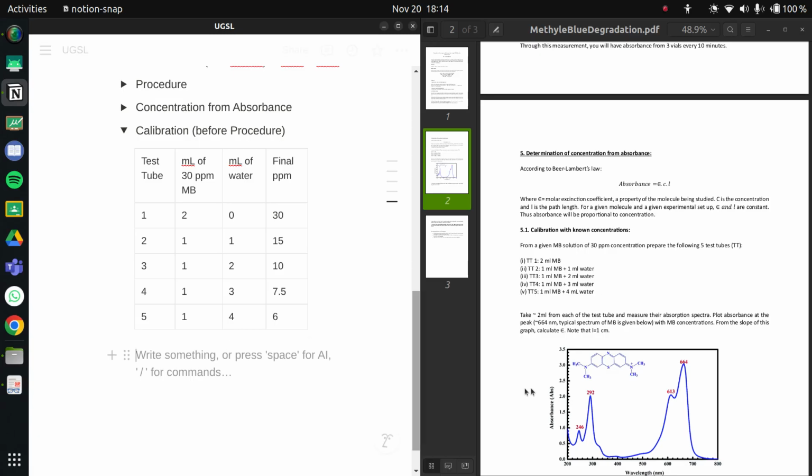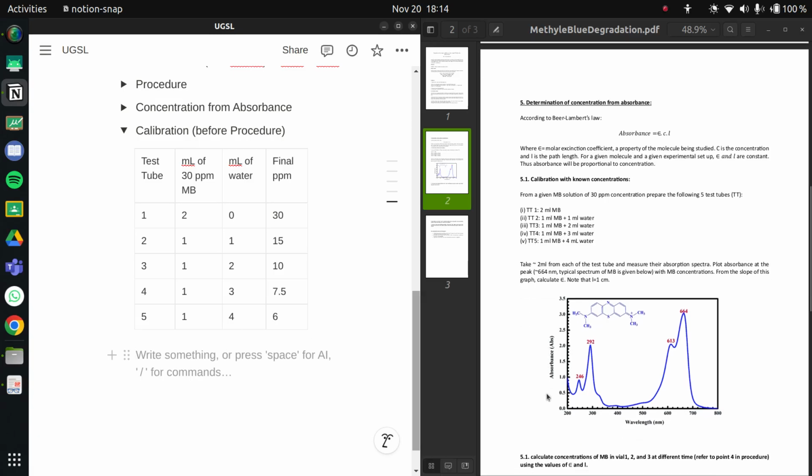okay, so you got a bunch of test tubes. Then take 2 milliliter from each of the test tubes. Measure the absorption spectra.